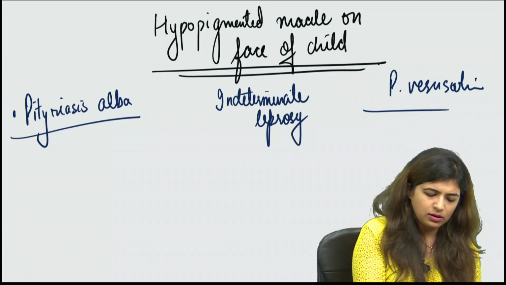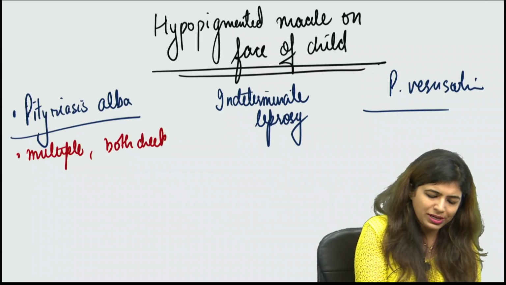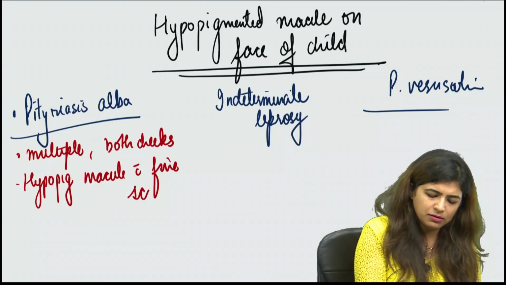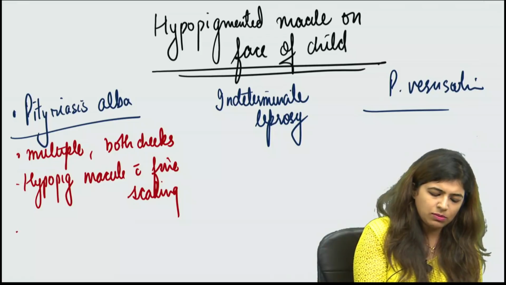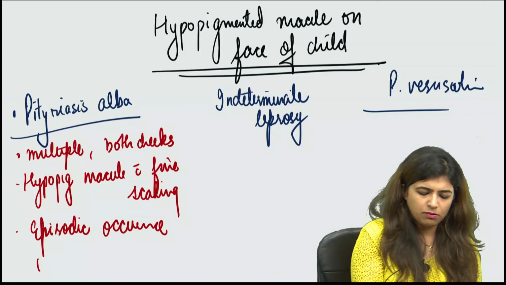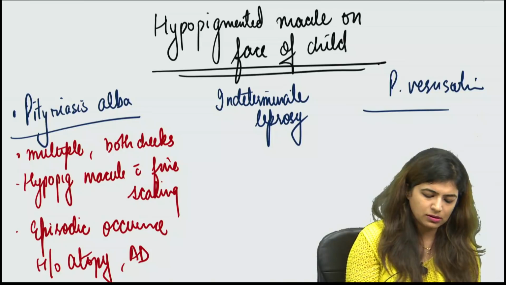Pityriasis alba will generally be multiple, present on both cheeks, a macule associated with fine scaling, and there may be a history of episodic occurrence, means they may recur, common in children who have a history of atopy or atopic dermatitis.